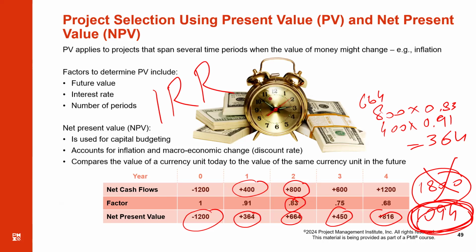All the calculations are similar to net present value, except that we do not use the given discount rate, but we keep changing the discount rate and try to find where our NPV becomes zero. Where our NPV becomes zero, that percentage is called IRR. I hope you got that.